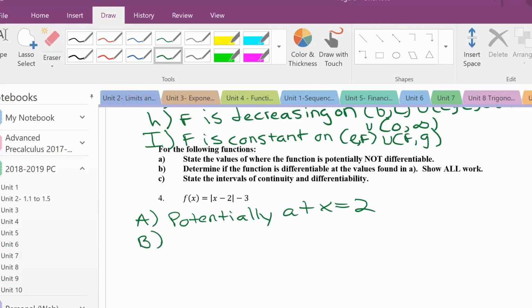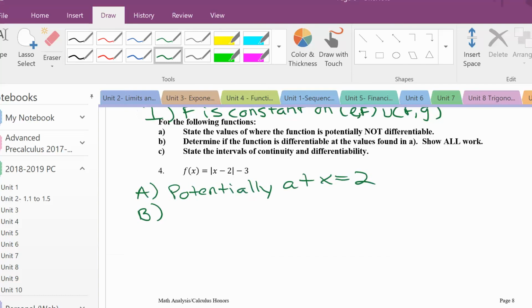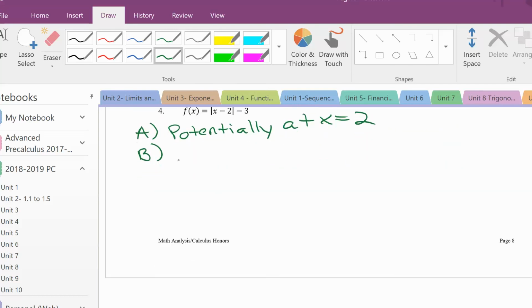So for part B, you want to then determine if the function is differentiable or not. So what we need to do is define the piecewise function.